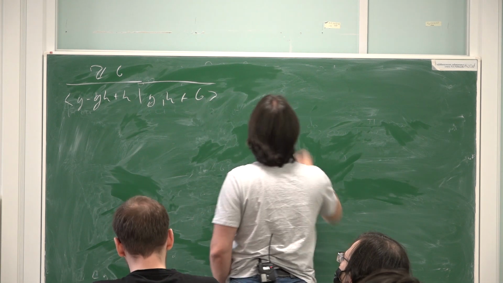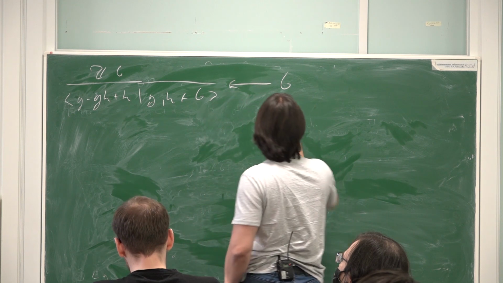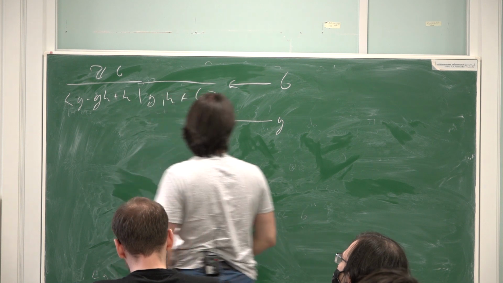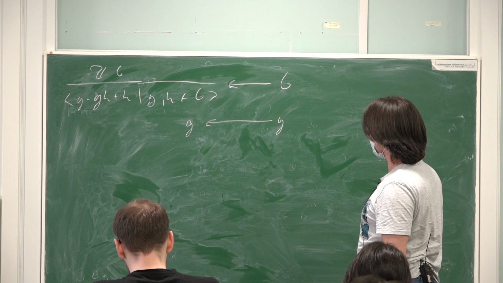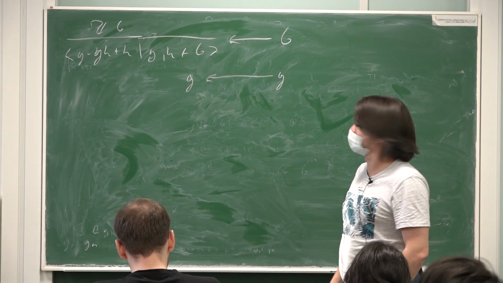First of all, there is a map from G to here that sends G to G. We need to see that it is a group homomorphism.